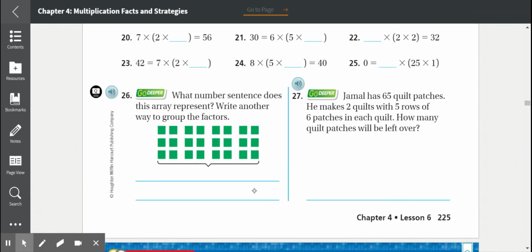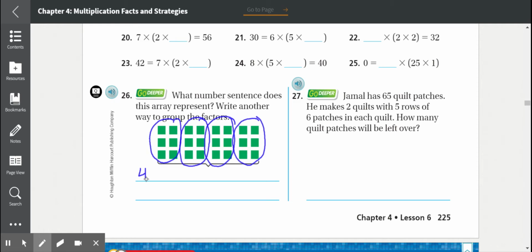All right, we are going to move down here to 26 and do some word problems. Okay, number 26 says, what number sentence does this array represent? Write another way to group the factors. So we're looking at this array. Really, there are 4 arrays. There's 1, 2, 3, 4.